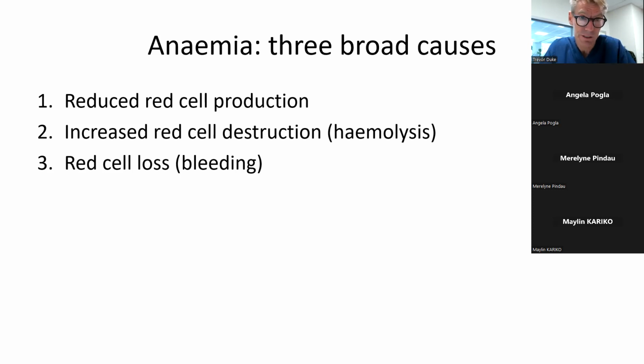So increased red cell destruction. And then the last one is red cell loss, either bleeding somewhere, and it could be acute hemorrhage, or it could be occult gastrointestinal bleeding, or it could be bleeding from the urine, etc.